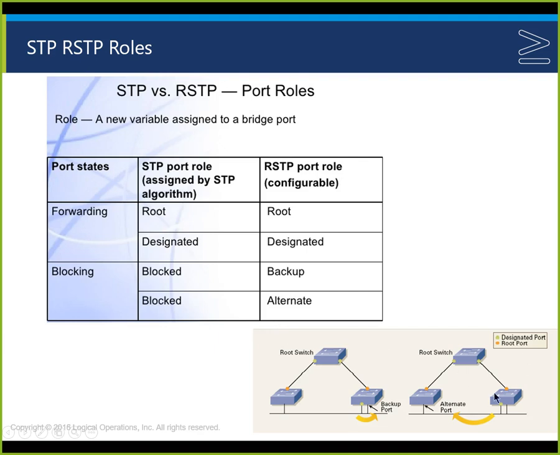When we look at the designated port, the root port, and the alternate port, the backup port here is if we have two of them connected to the same bus. One of them is going to be an alternate maybe, and the other one is going to be a backup. So one of them is going to be on, one of them is going to be off.